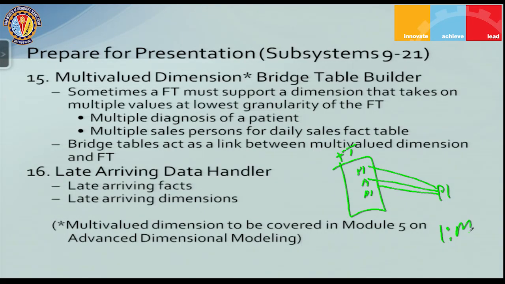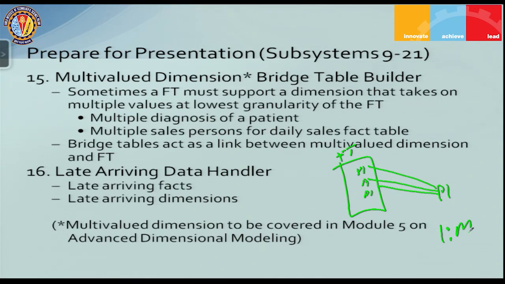So how do we model this kind of situation? This is modeled using what are called bridge tables, right? And again, this bridge table concept will come in the advanced dimensional modeling module.